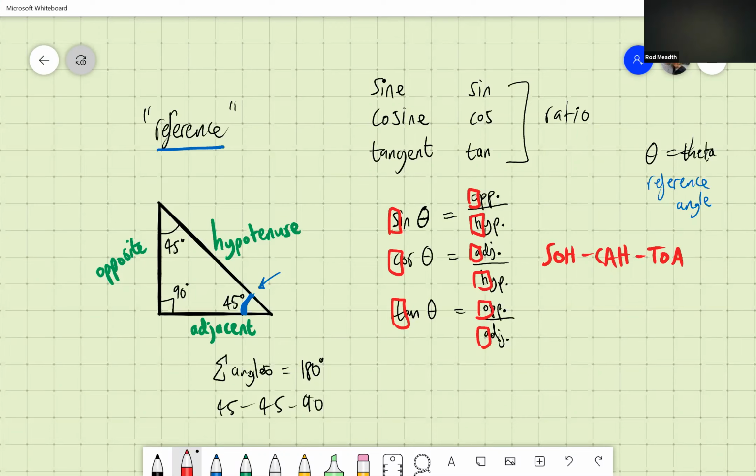Sine opposite hypotenuse, cosine adjacent hypotenuse, tan opposite adjacent. Now, I'll show you how to actually use this right now, but that is the definition of what that means.